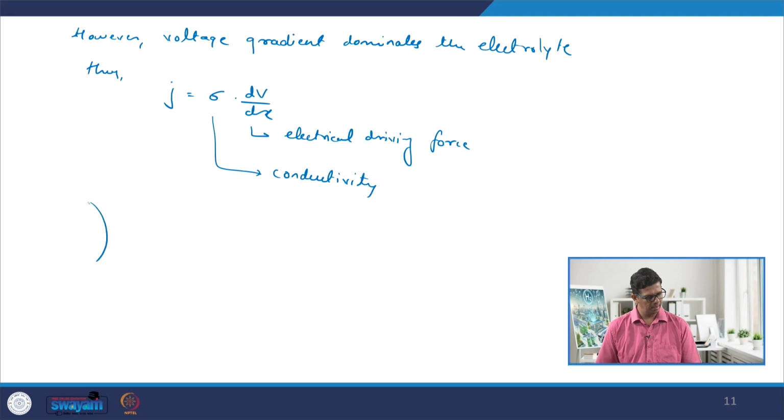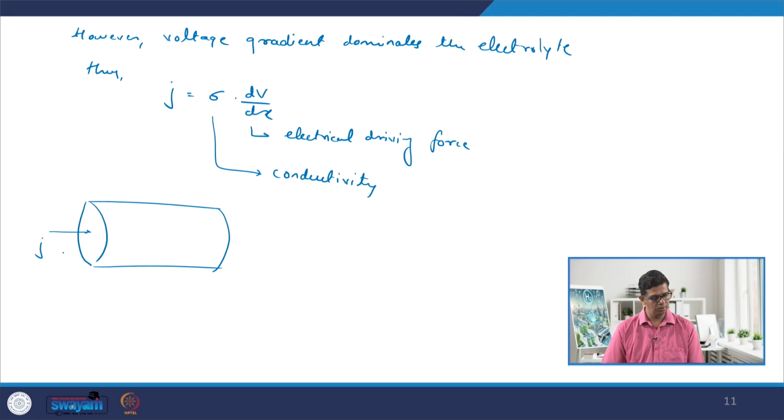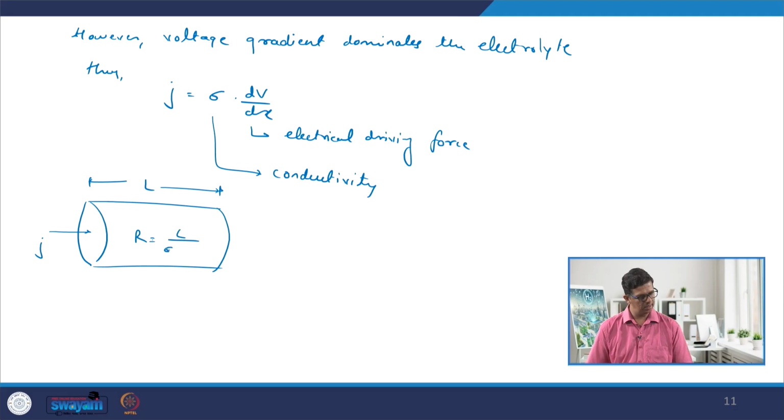So, let us draw this general conductor, let us say, then we are passing J amount of charges per unit area, and the length of that conductor is L. This is a very uniform conductor, and the resistance is L by sigma A. Sigma is the conductivity, which is 1 over the resistivity. L is the length and A is the cross sectional area of that conductor.